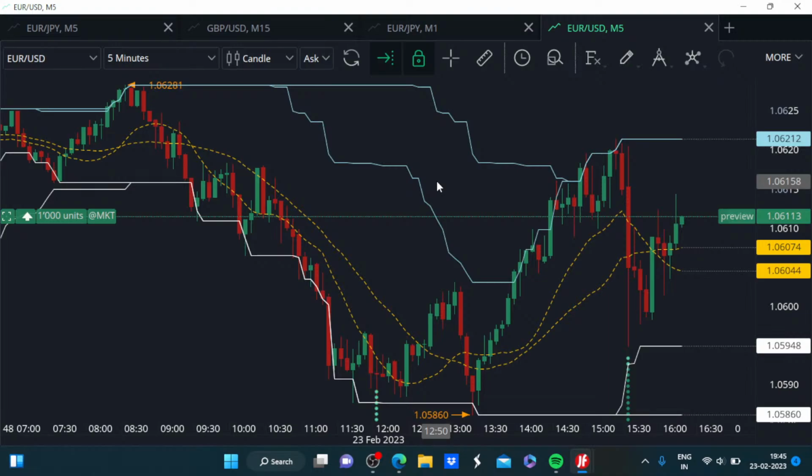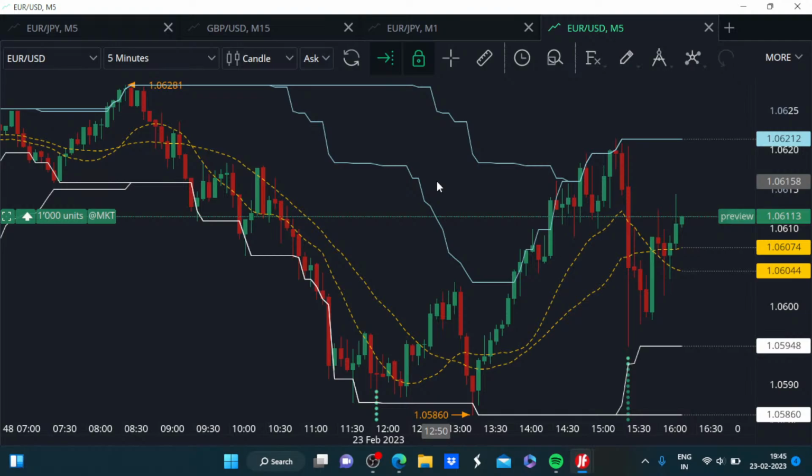Now let's consider NZD. It's taking some time for the chart to load. Let's try a different one, USD CAD. Internet speed seems to be affecting the loading of the chart.